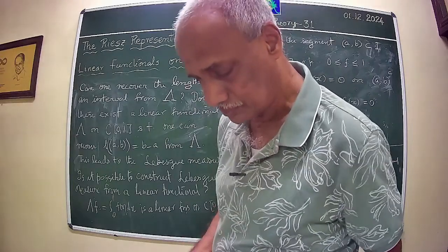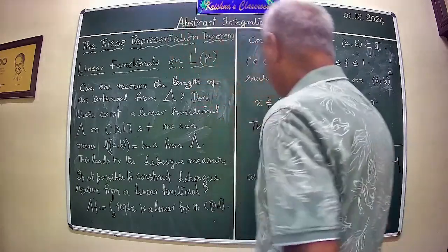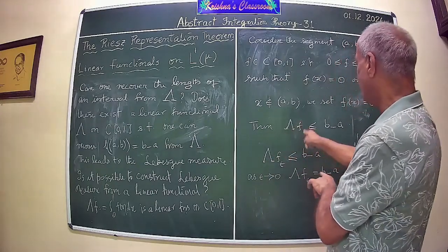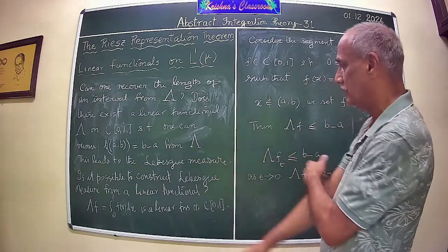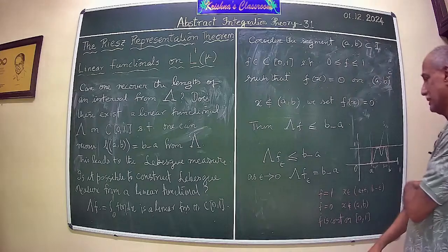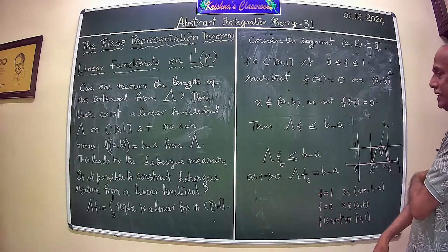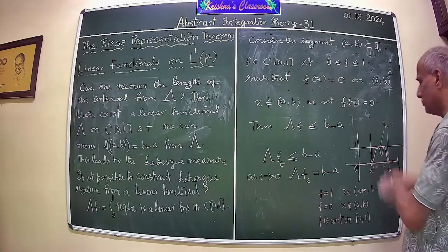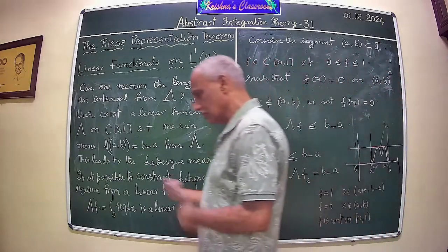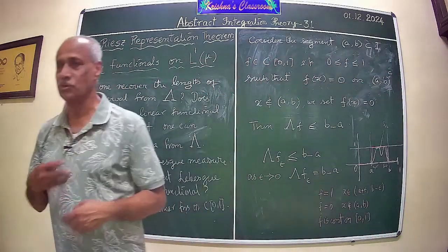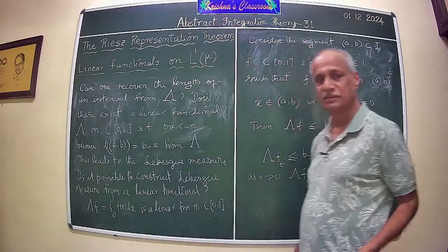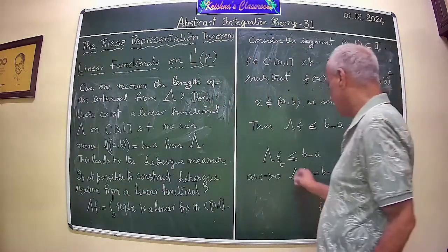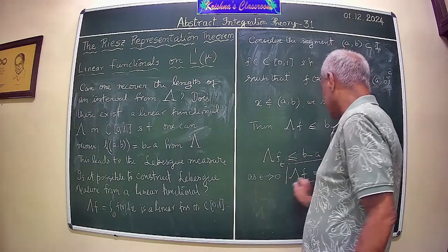Now, therefore, you see that you can associate the given linear functional that we have defined here as generating the length of the intervals with appropriate actions over appropriate functions. Okay. So, that is something that we make. So, we are on the right track.